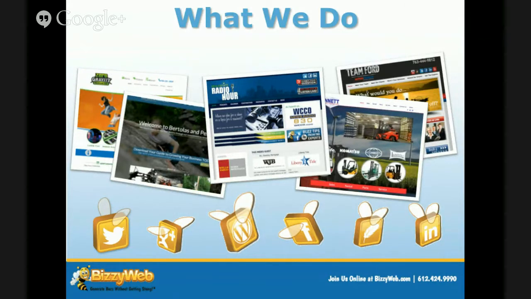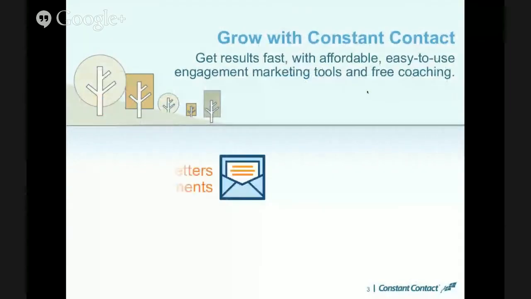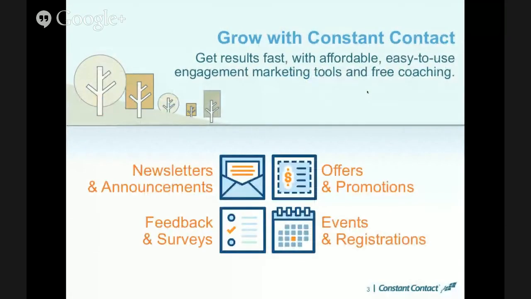As part of our email marketing, we're going to talk through what Constant Contact makes available in your online surveys. So as part of the new Constant Contact, you can do newsletters and announcements, offers and promotions, feedback and surveys, and of course, events and registrations. We've talked about each of those in the past, but today I'm specifically going to talk about how to get feedback using the survey tool, and we're going to talk about best practices of surveys more than anything.